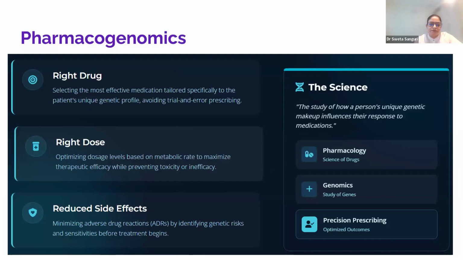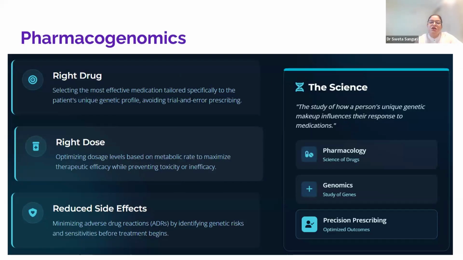Pharmacogenomics. So now that we have identified the molecular pathways, we have known that this is the specific pathway which is causing the disease.